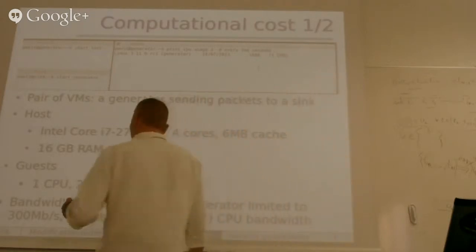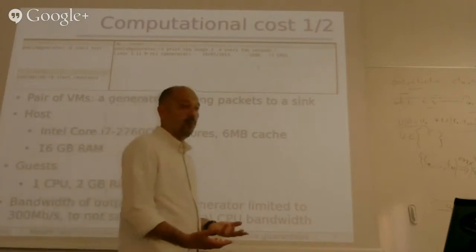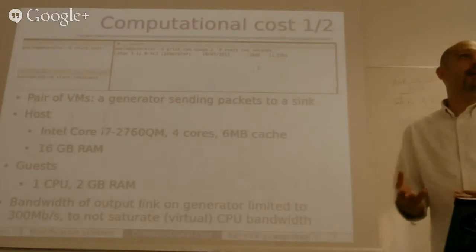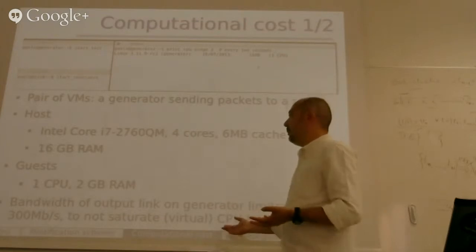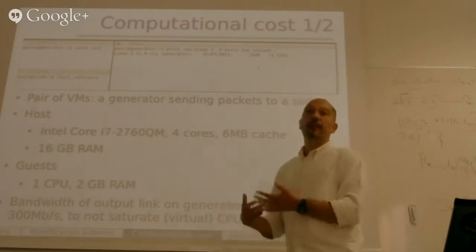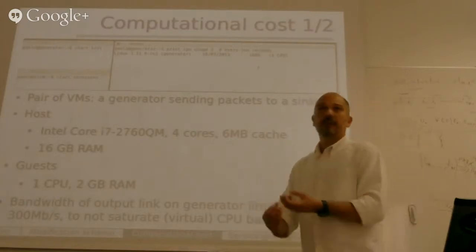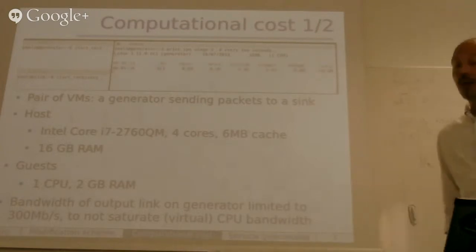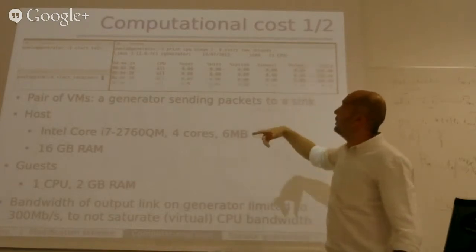The bandwidth of the output link of the generator was limited to 300 megabits per second, and the purpose was to not saturate the CPU bandwidth on the machine, so that the results are not affected by things that are unrelated to what I want to show you, that is the actual accuracy of the service provided by these two schedulers. First I'm going to show you the computational cost of these schedulers.